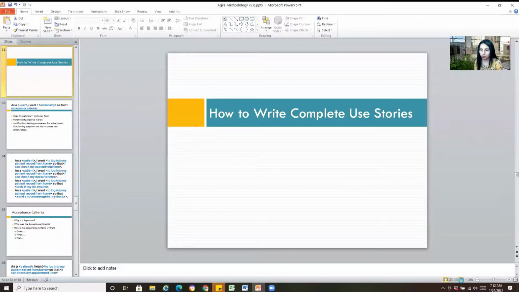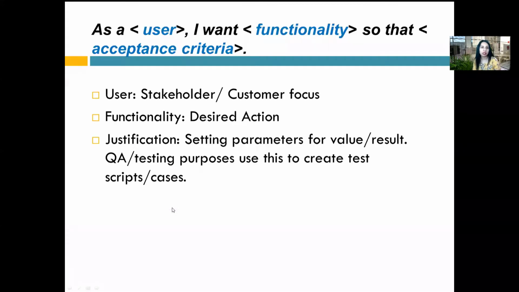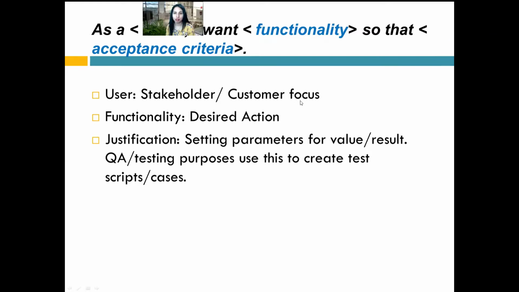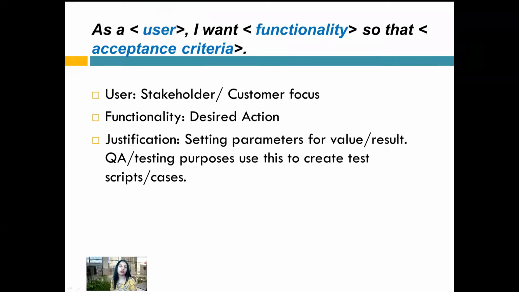So how do you write complete user stories? This is the format, and I'm sure that you've seen this format many, many times before. The format is: as a user, which is your stakeholder. Agile is very customer focused, so a lot of the user stories that you'll see are user centric, because we want to create functionality for our specific user or for our specific stakeholder.